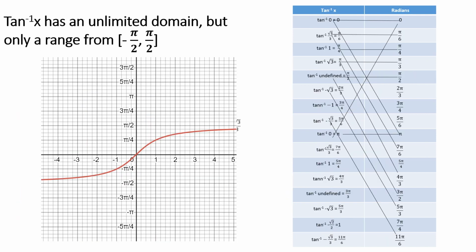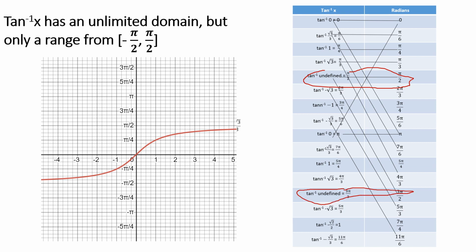It can exist, but only from negative pi over 2 to pi over 2, which means I can have tangent of 0 right here. Here's pi over 2. Here's 3 pi over 2 right here.